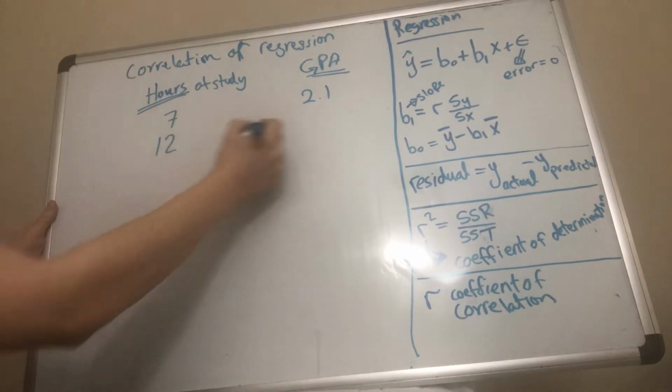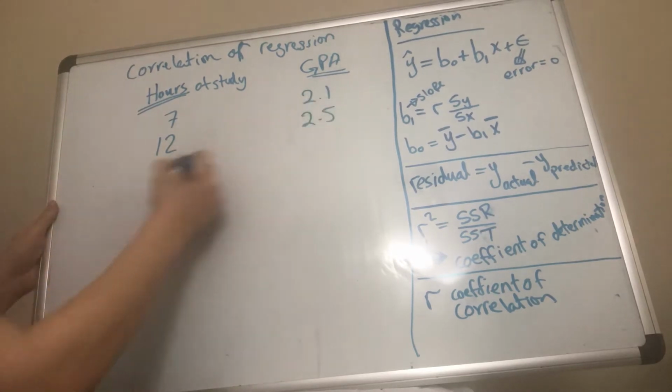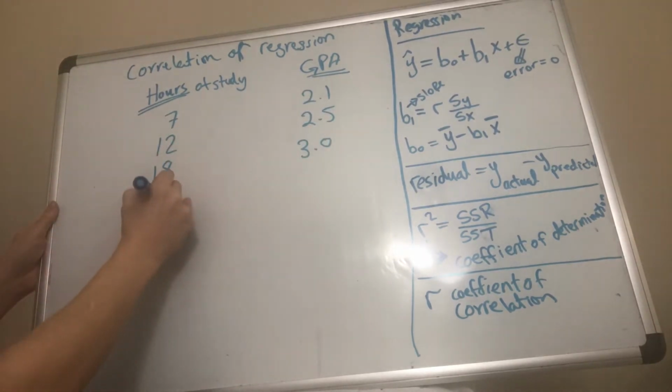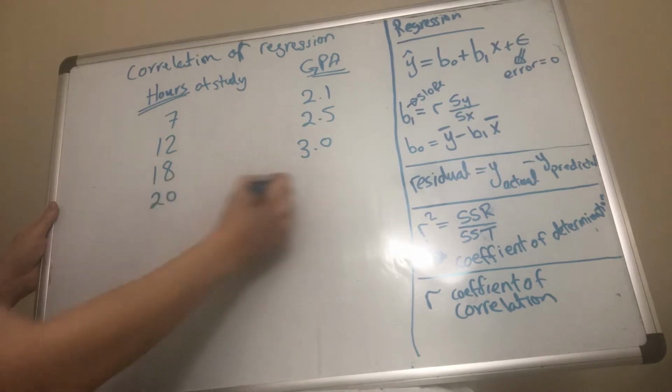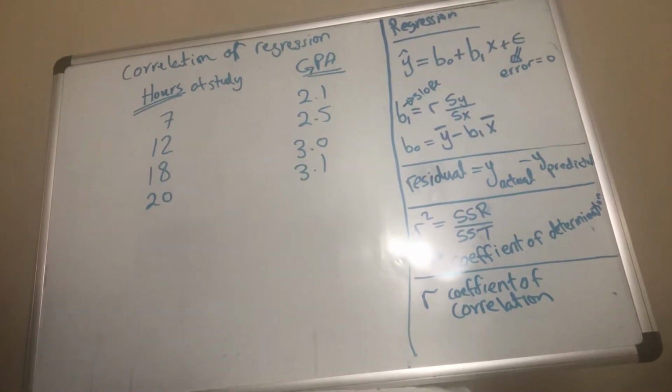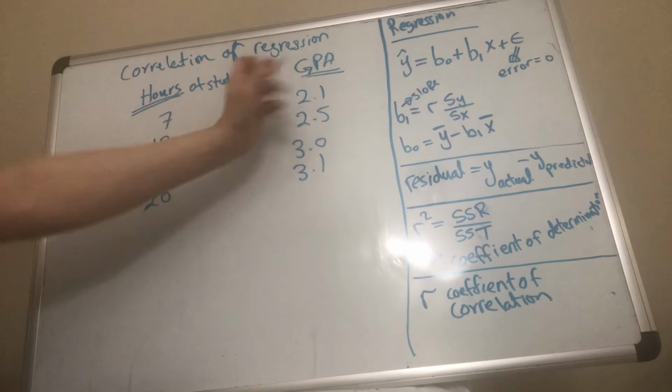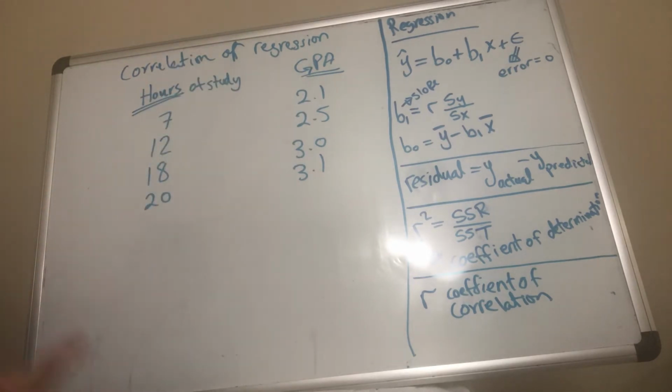Someone studies 12 with a GPA of 2.5. Someone studying 18 with a GPA of 3, and someone studying 20 with a GPA of 3.1. And then they ask, can you figure out a relation? Can you predict someone's GPA from the number of hours? Is there a relationship between them?